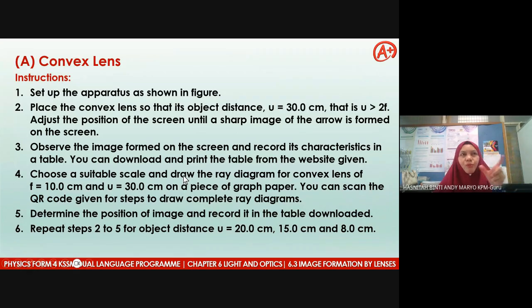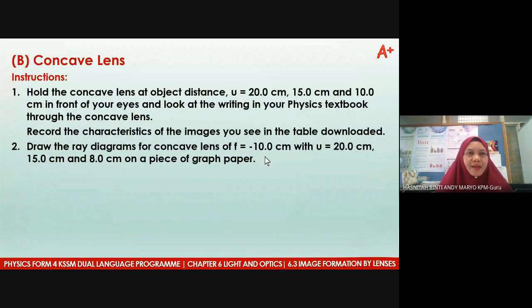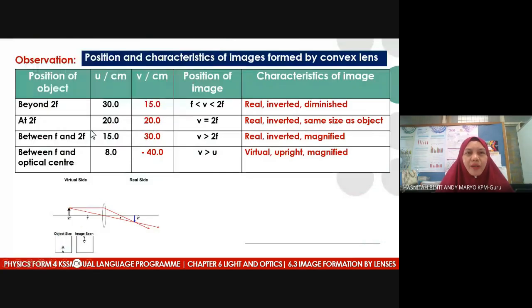Then we measure the image distance, and then we repeat the experiment with object distance 20, 15, and 8. You adjust the widescreen until it can form a sharp image. Finally we measure the image distance v. Students, it goes the same for concave lens.